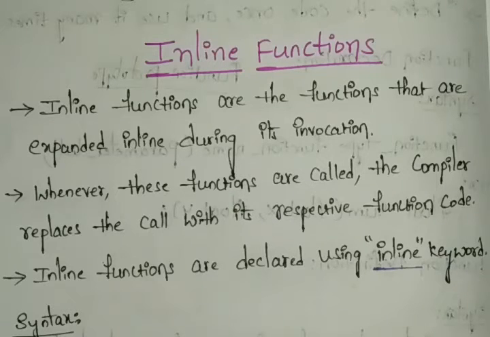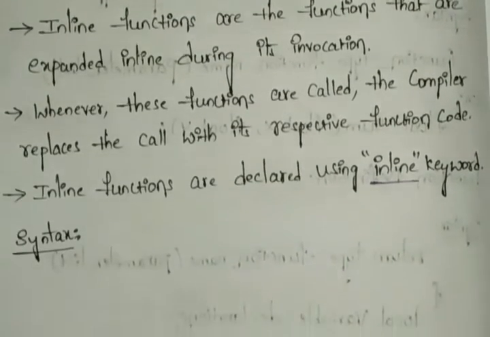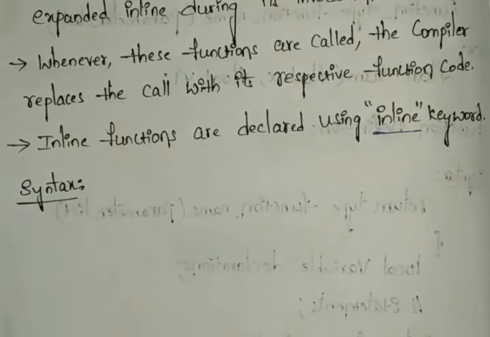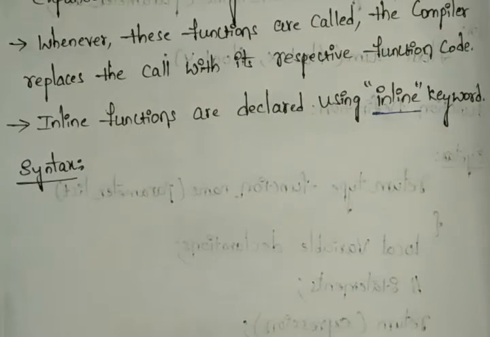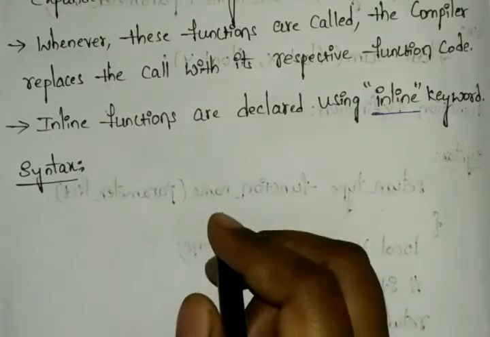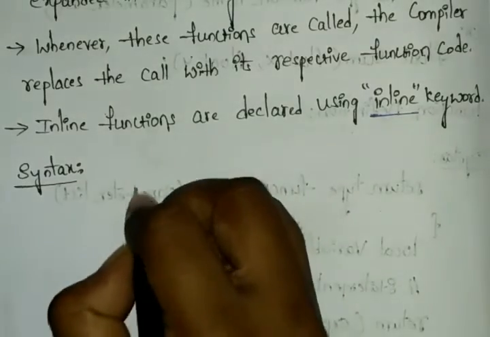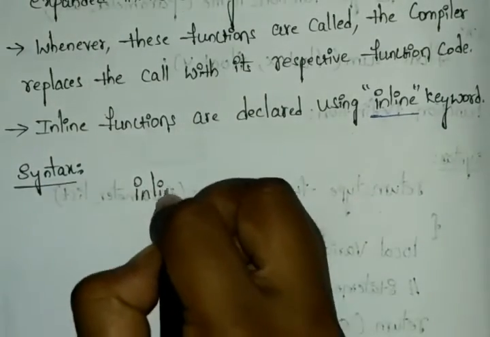Just you can see how it will look in the syntax format. Inline means that whenever you are performing functions, in these inline functions they are expanded during invocation. These are also calling our functions. And here we have the syntax, that is inline.